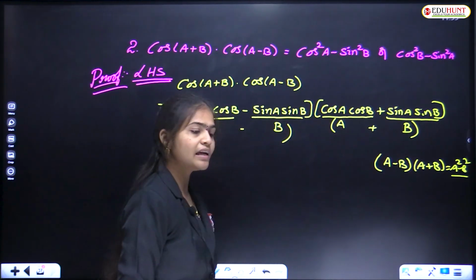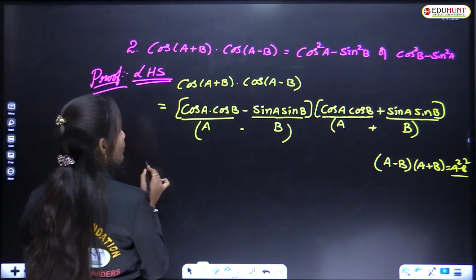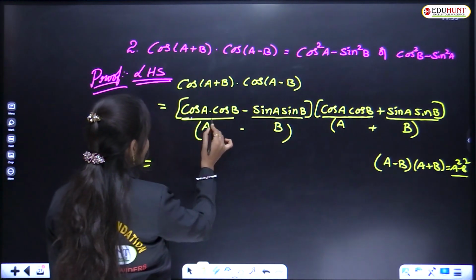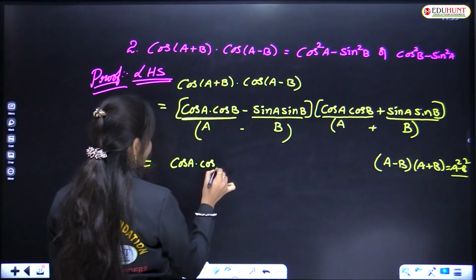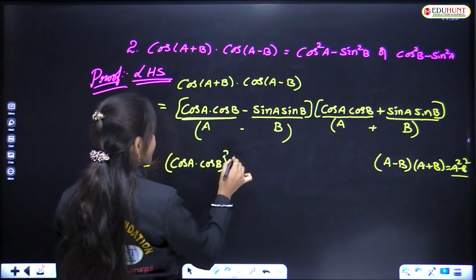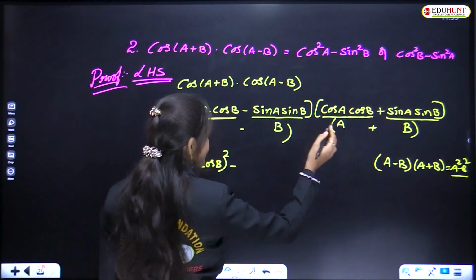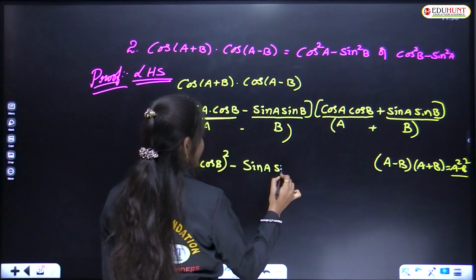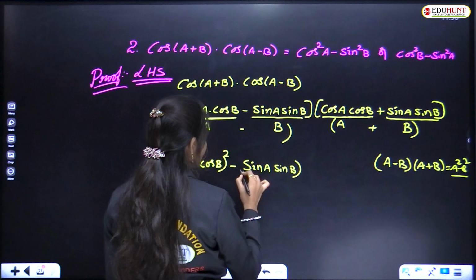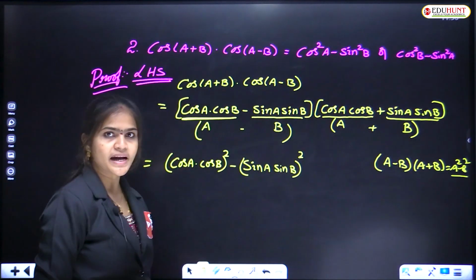That formula we have to use again. So A square means cos A cos B whole square, minus B square, which means sin A sin B whole square. Okay, A square minus B square.